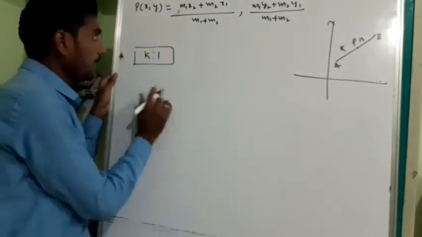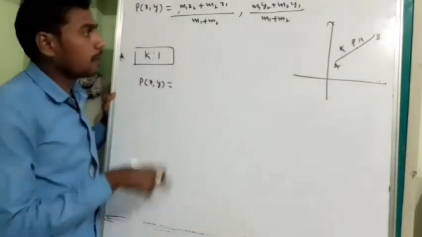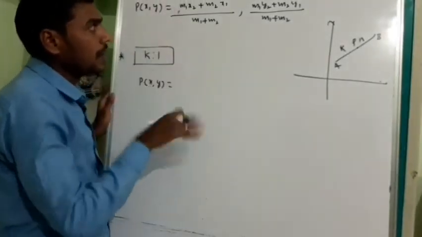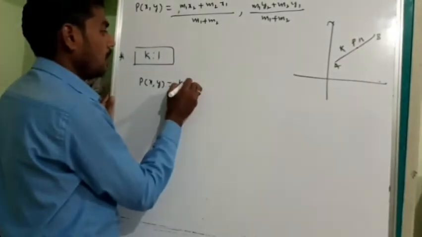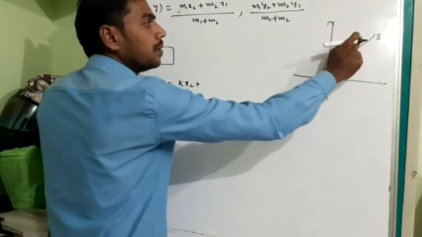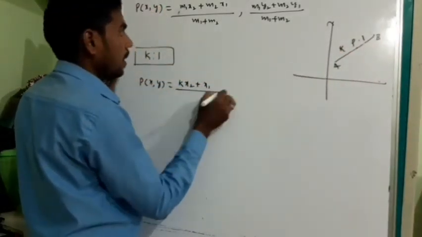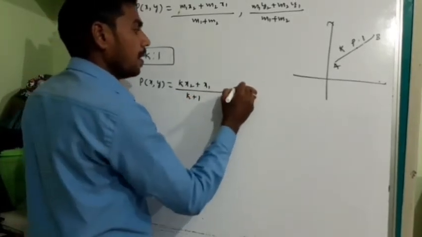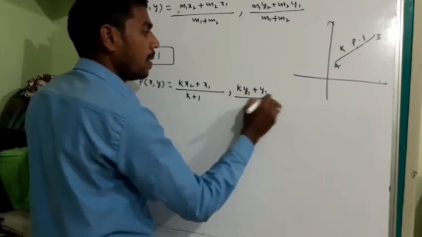In place of m1 we will place k, in place of m2 we will place 1, that's it. So P of x y is k into x2 plus 1 into x1 divided by k plus 1, comma, k into y2 plus y1 divided by k plus 1.